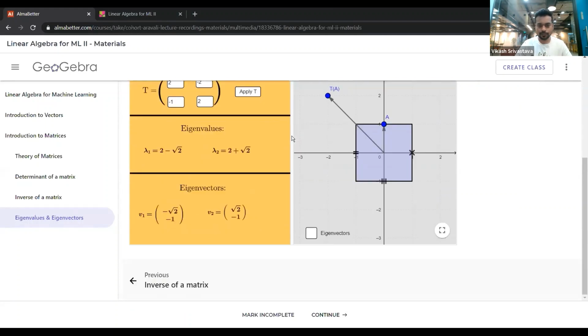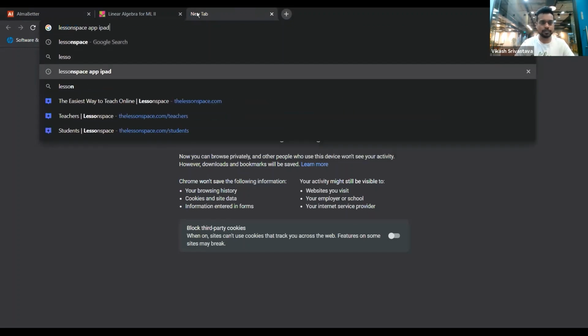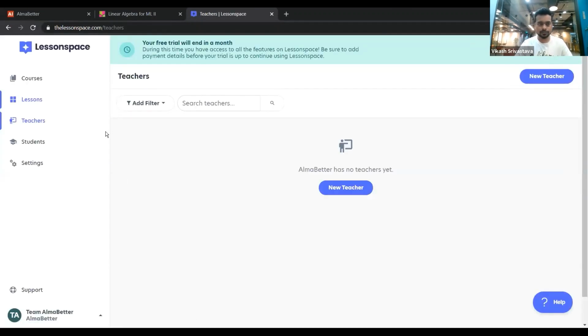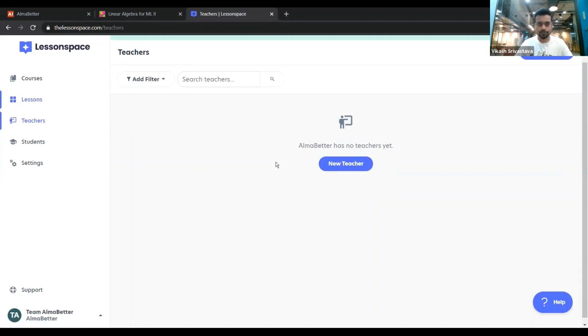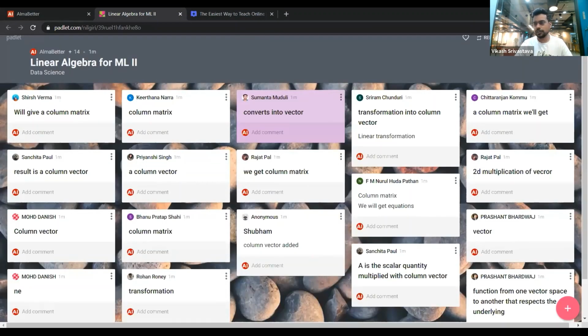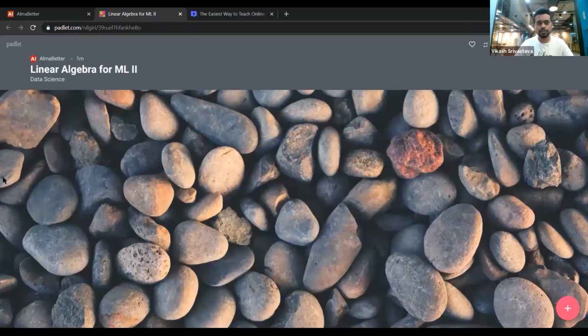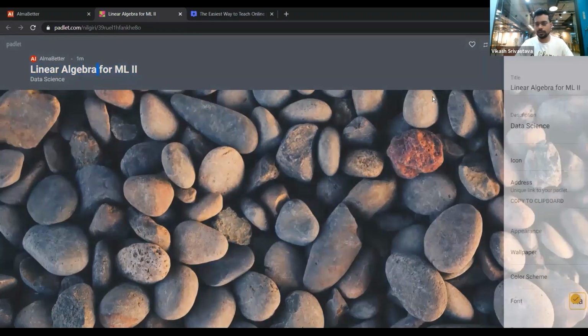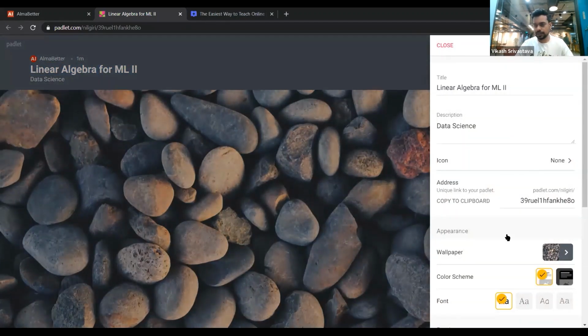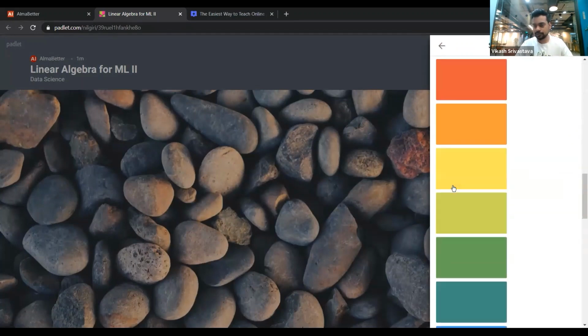Let me just open something. I'll delete this, and maybe I'll just choose some background, some nice wallpaper. Let's say solid colors. So let's keep something whitish.